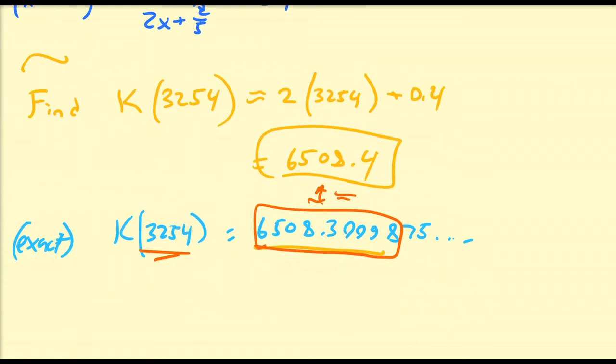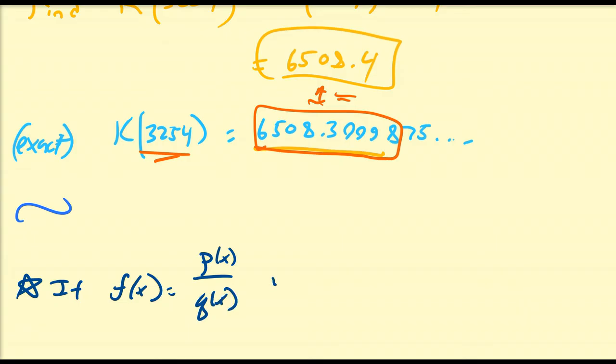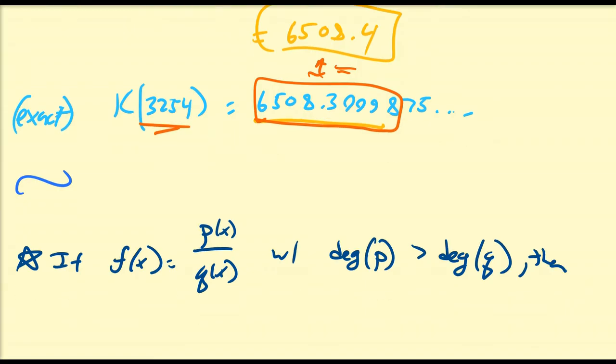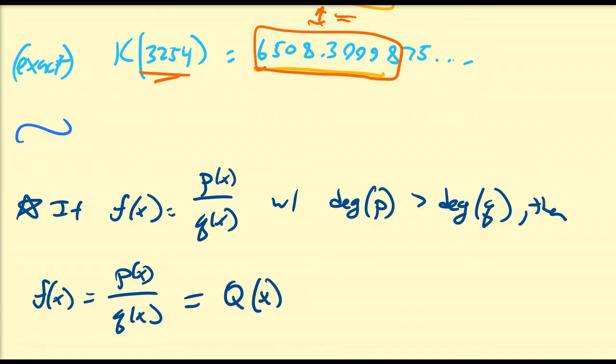So let's just summarize this last property in the case that the degree of the top is bigger than the bottom. If f of x is equal to p of x over q of x, with the degree of the top being bigger than the degree of the bottom, then we can perform long division and represent p of x over q of x in the form capital Q of x plus capital R of x divided by q of x.